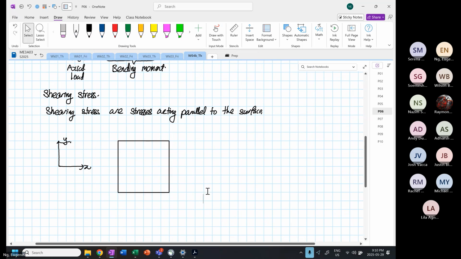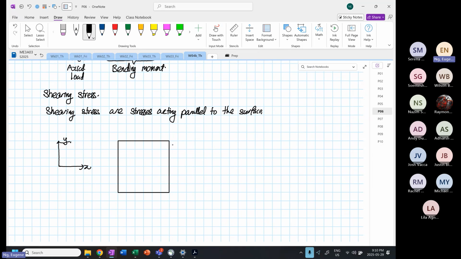And on this element, the shearing stress looks like this. This arrow over here is known as our shear XY.